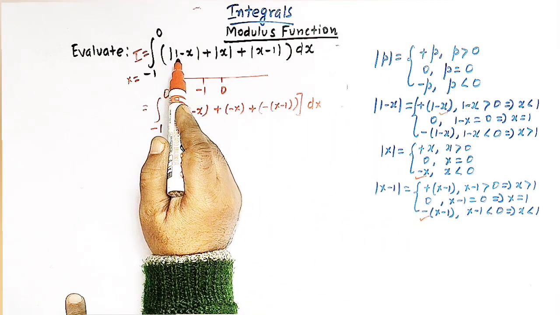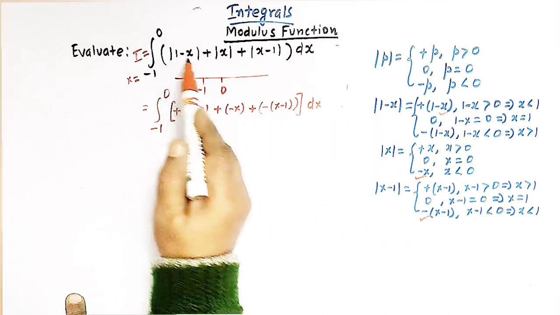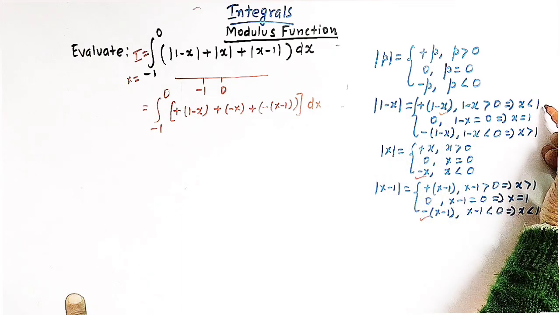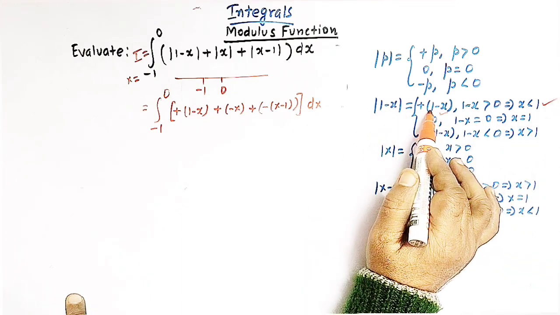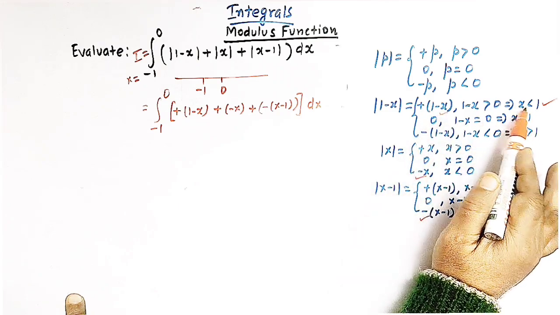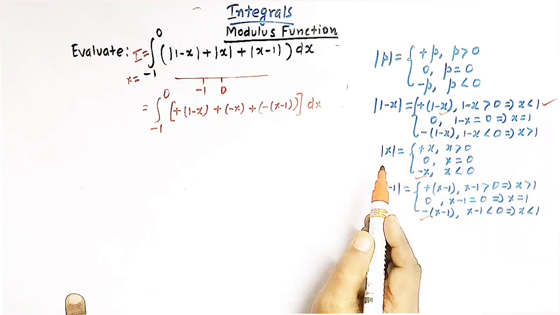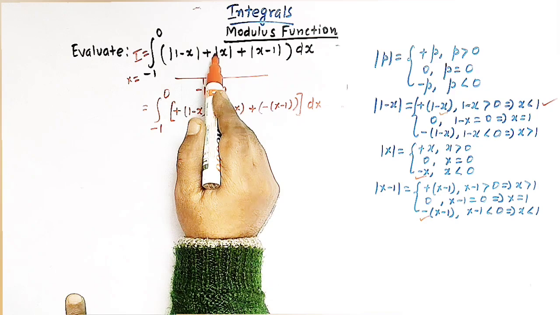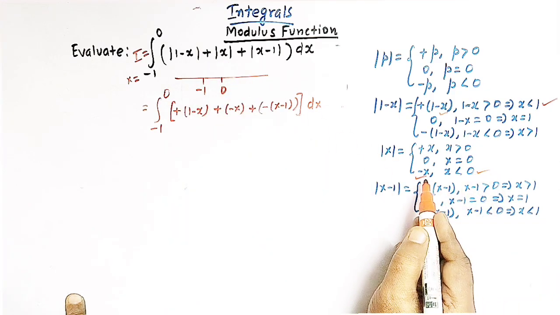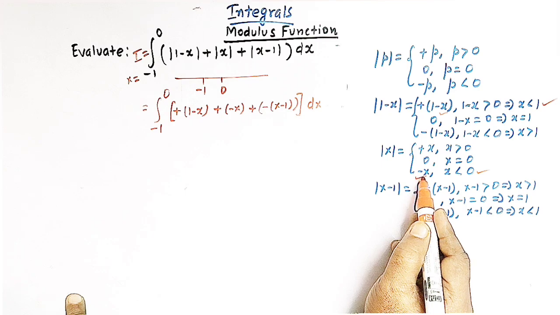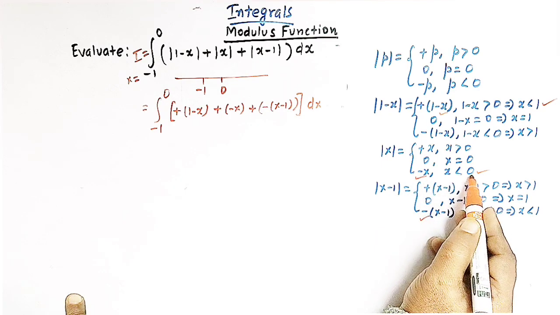So in the first case, that is mod of 1 minus x, we make use of this part of the definition: mod of 1 minus x is positive 1 minus x when x is less than 1. And in the second case, for mod of x, we make use of this part of the definition: mod of x is equal to negative x when x is less than 0.